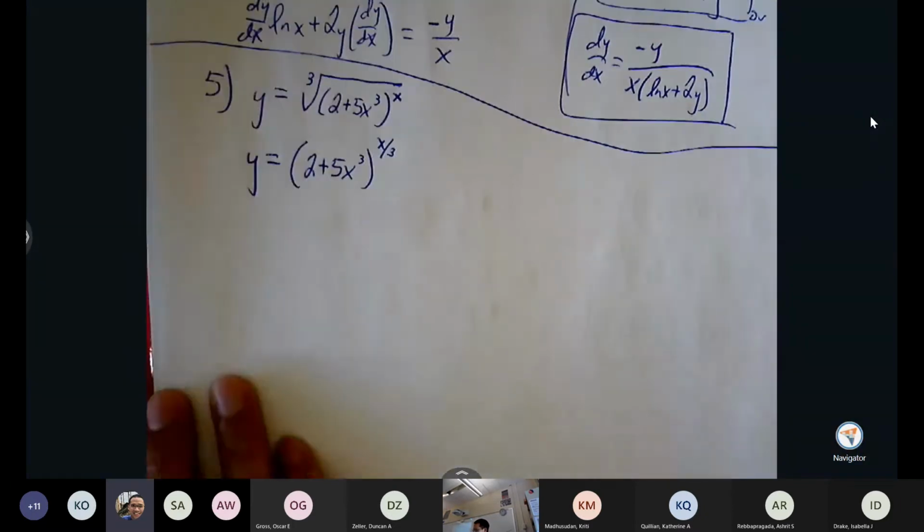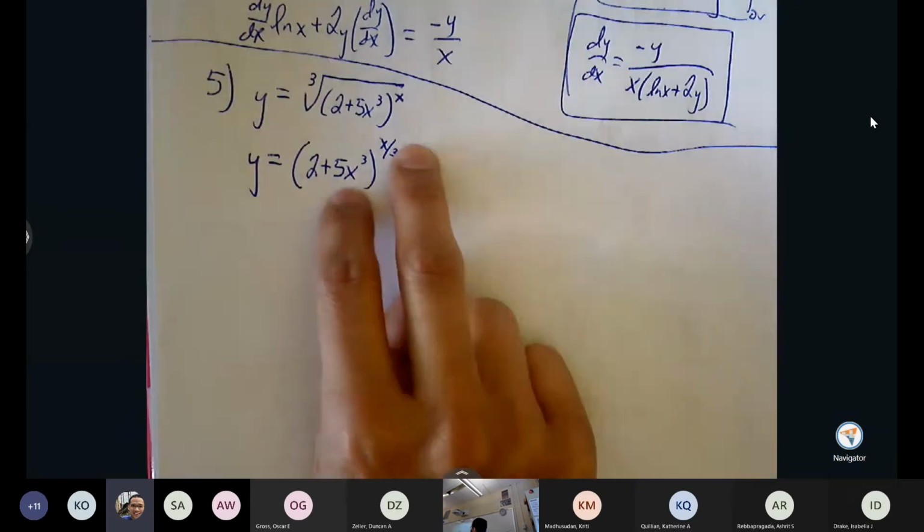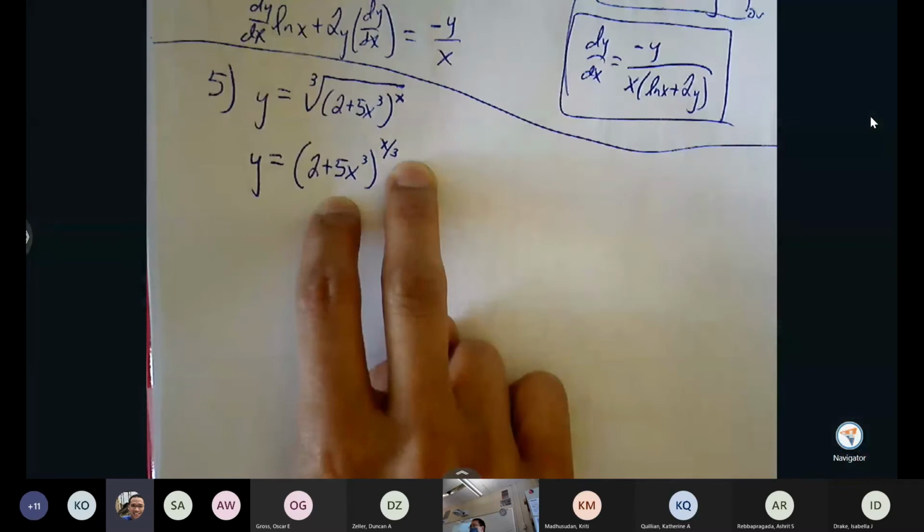All right. Now, there's something about this problem that requires a very specific method. Do you guys see what is needed here? Okay, so this is not something that we can apply using power rule or chain rule.